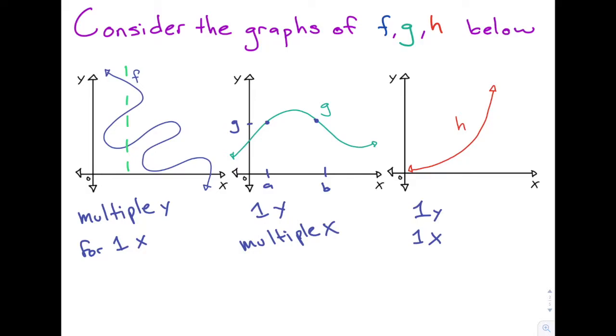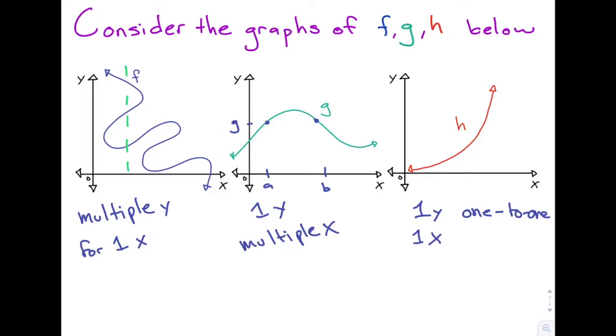So these are 3 distinct graphs. First one, we've got many y values, many outputs for a single input. G, we had one y value for a couple different x's, a couple different inputs. And h, we have one single y for every x. And this last one, h, is what a one-to-one graph looks like.